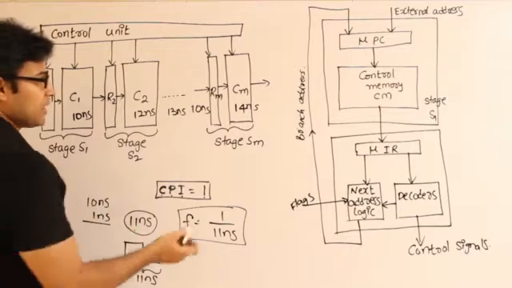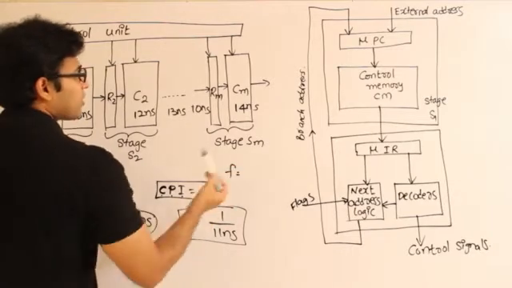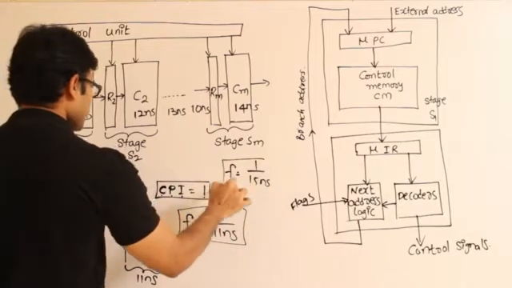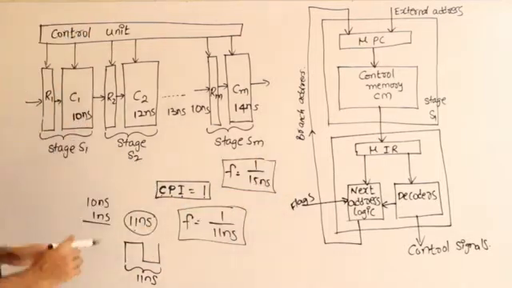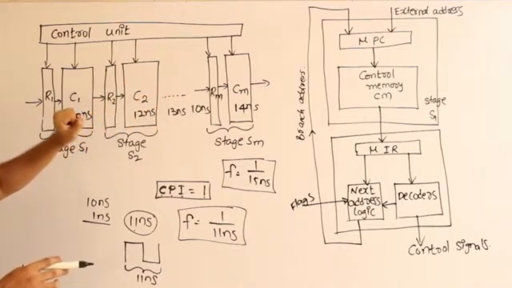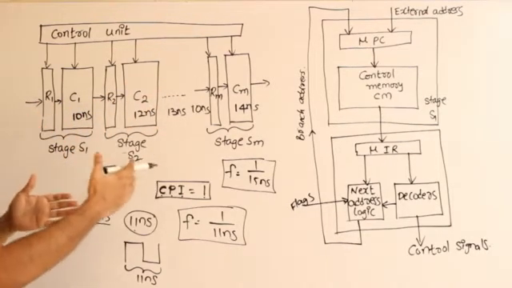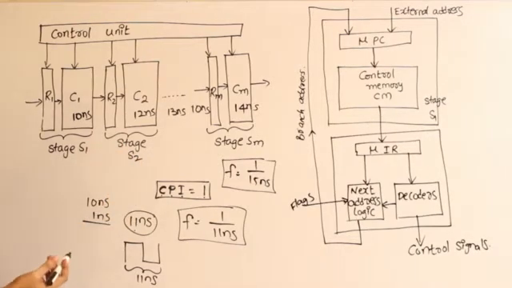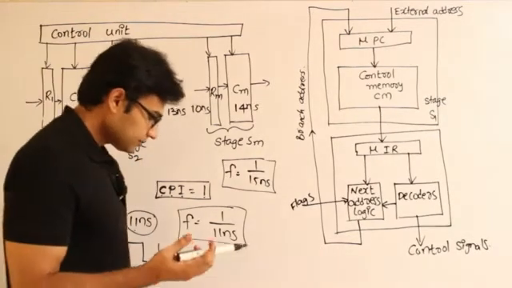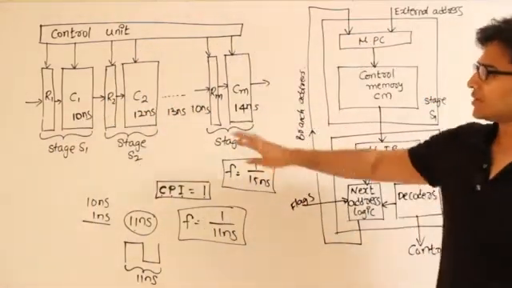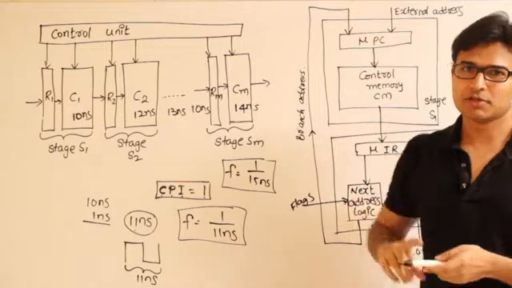Then the frequency of the clock equals 1 by 15 nanoseconds. This is a very important question, try to remember it. When the pipeline stages have non-uniform delays, we take the largest delay and set the frequency accordingly. Got it? Okay. We can solve some questions on that later, but first try to understand this one. The numerical part we shall get into later.